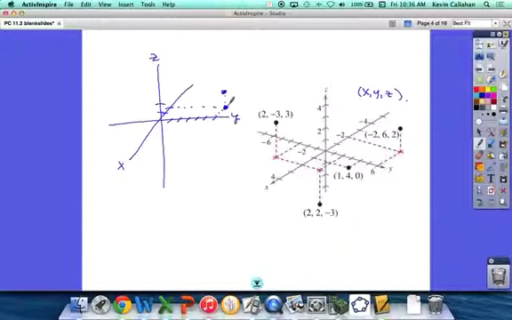I'm not going to ask you to graph points because it's just too confusing to look at and asking for trouble. But you do have to understand we're working in 3 dimensions now, and there is some perspective to it. One of the things people have trouble with when they go to calculus is that you do have to do some 3-dimensional thinking. It's not everything in the flat surface.